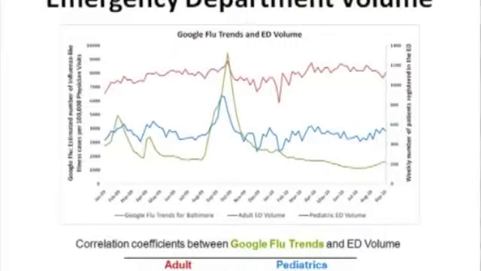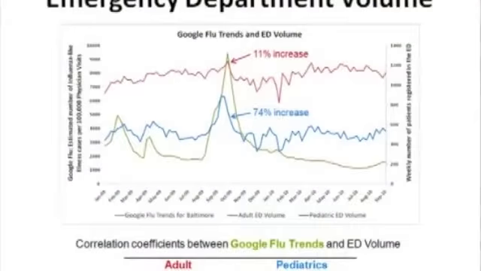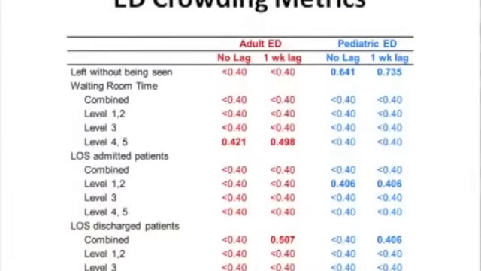The pediatric emergency department volume correlated pretty well with Google Flu Trends, but the adult did not, again probably driven by this high prevalence of ILI in that population. You can also see the peak that corresponds with that fear week, when people were worried about H1N1 even when it wasn't necessarily there. This 74% increase in the pediatric ED volume demonstrates the need to implement something to offset that crowding and help manage it.